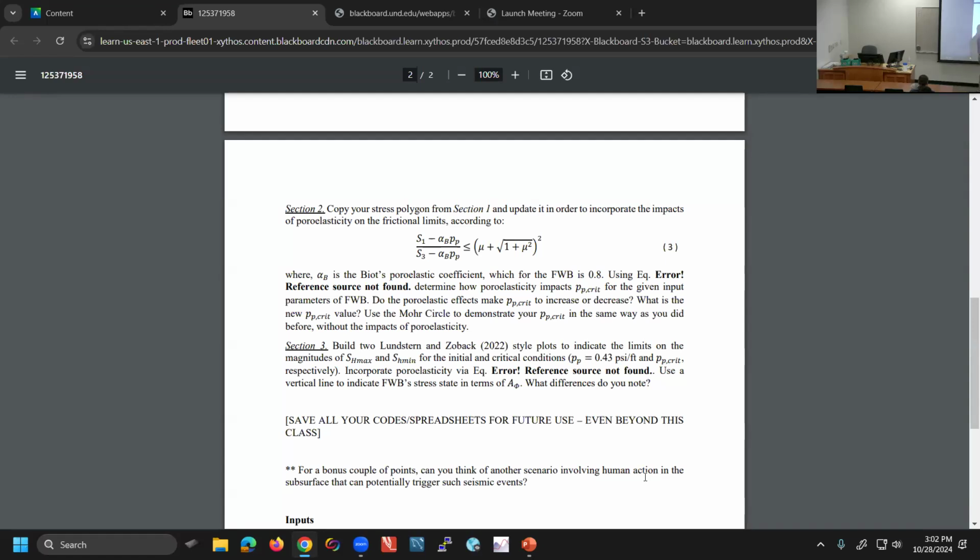Incorporate poroelasticity via equation 3. Use a vertical line to indicate the FWB's stress state in terms of alpha P. What differences do you note? Or do you note the differences at all? This is a little bit of a rhetorical question. It's a question for me as well.